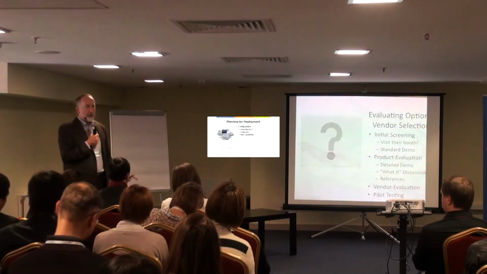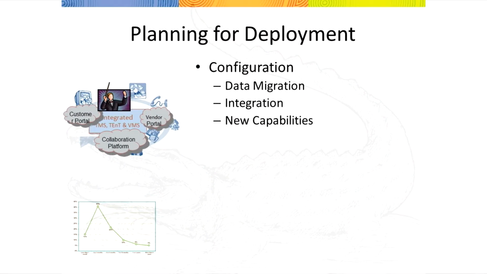So in terms of planning for deployment, you really need to look at the configuration carefully. This whole concept of data migration, integration with the other systems, and then how you leverage new capabilities is important. That's what keeps you on the left-hand end of that little chart down there instead of the right end.